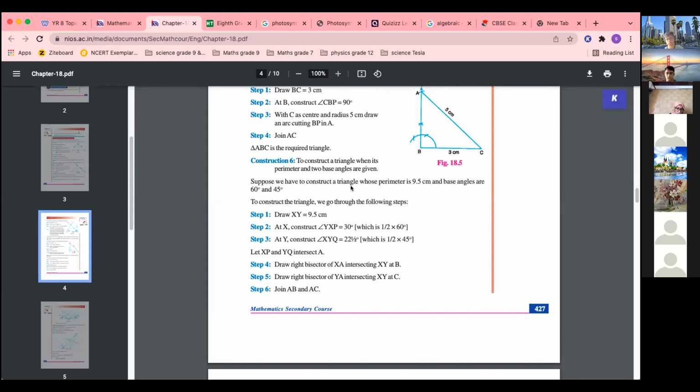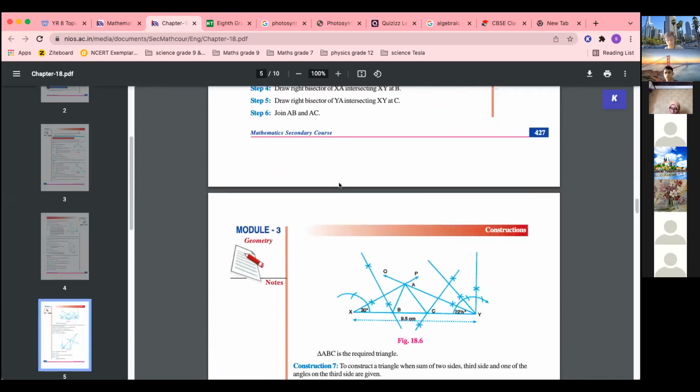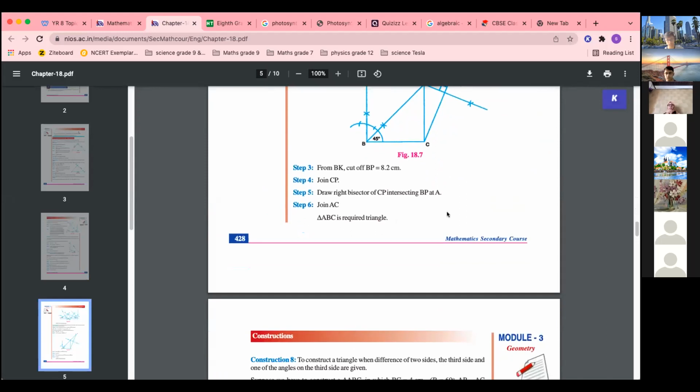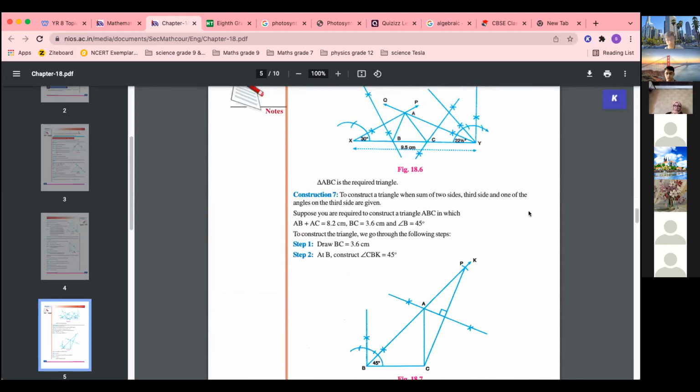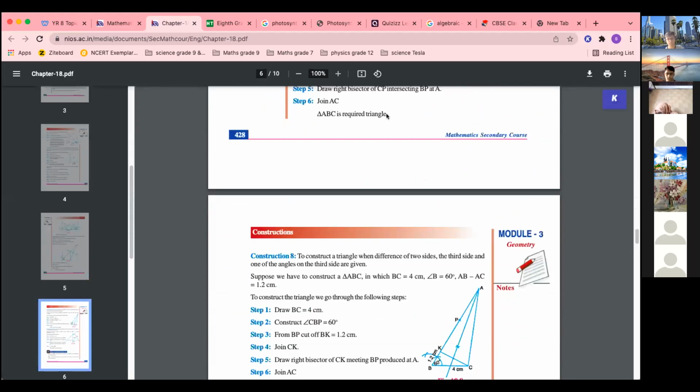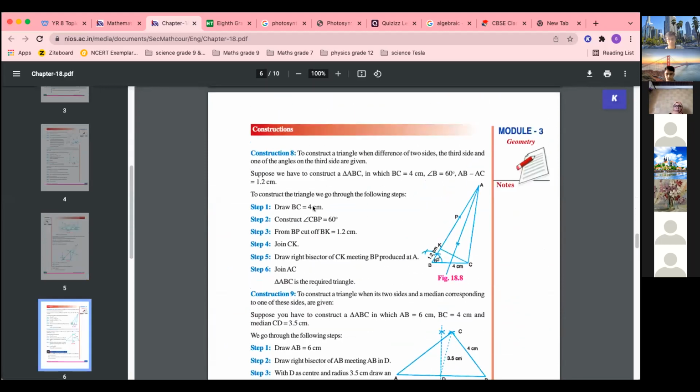Of the 3 sides, 2 sides and 1 angle, 2 angles and 1 side, all these we have done. Now what will happen when perimeter and two base angles are given, how will we draw? And the last one is two sides, third side, and one of them. So these two are a little different. You will have to learn it. This is also different.